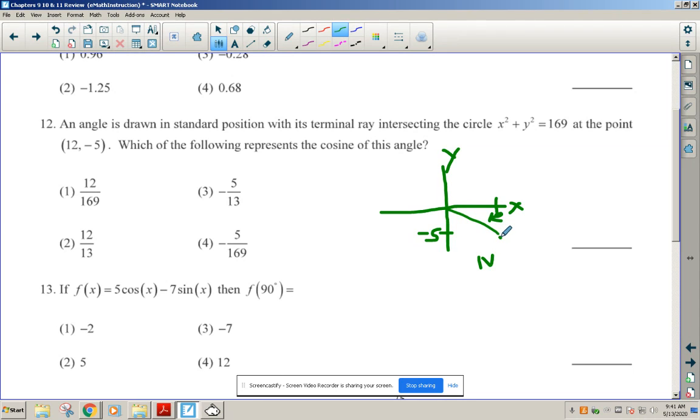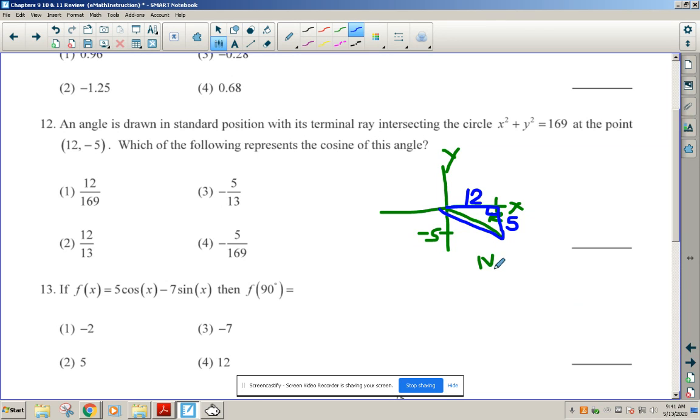So here would be the angle that we draw. So here's my angle drawn in standard position. Now, which of the following represents this angle? If I think about this in terms of a triangle, this had a base of 12 and a height of 5.